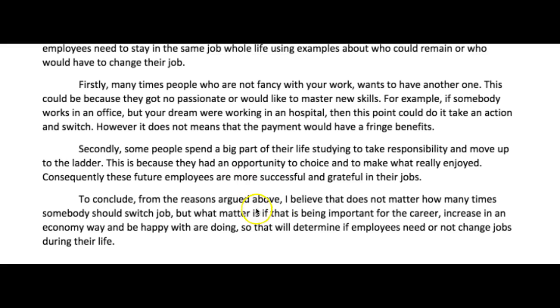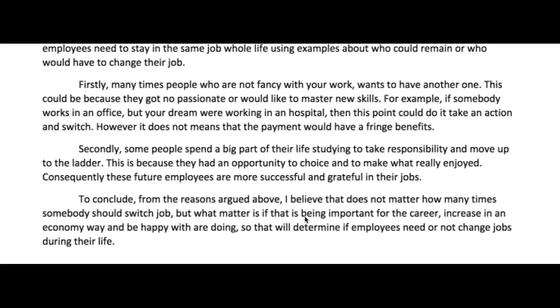Okay, to conclude, from the reasons argued above, I believe that it does not matter how many times somebody switches jobs, but what matters is that... okay, so this sentence needs to be rewritten, needs to be simplified and shortened, and it needs to be edited for clarity.